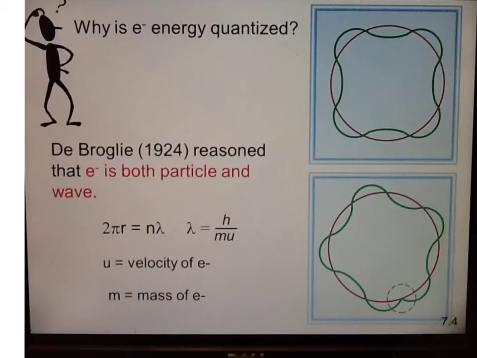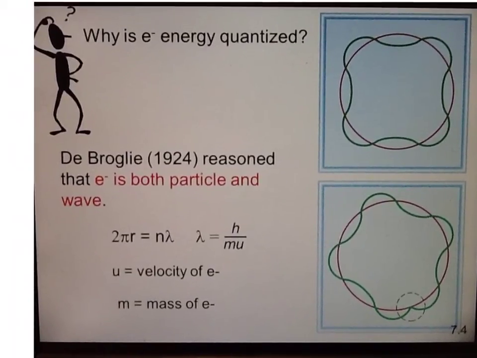So if we use this equation here, if we take the mass of the tennis ball in kilograms, the speed of the tennis ball in meters per second, which 150 miles per hour turns out to be 68 meters per second.